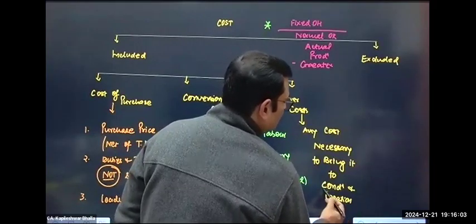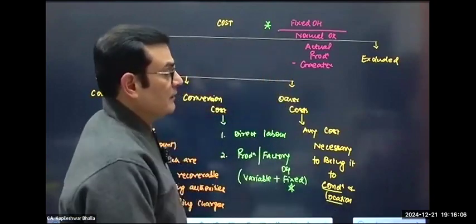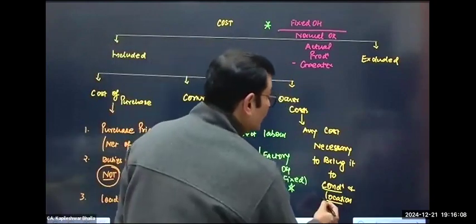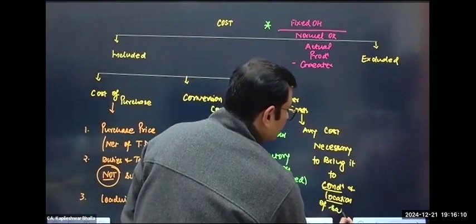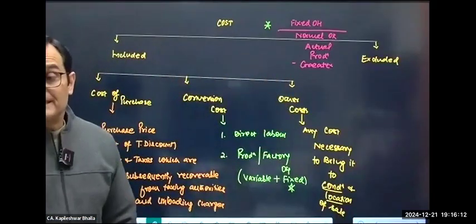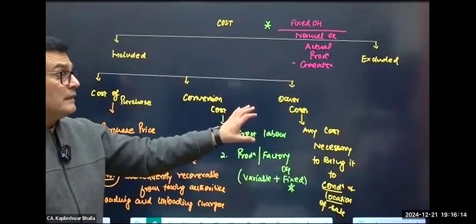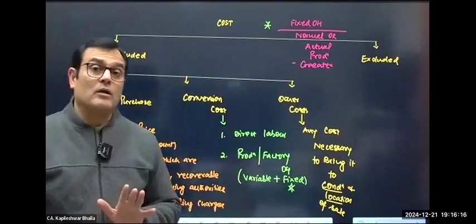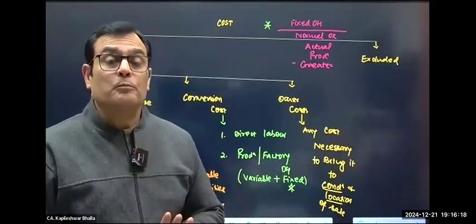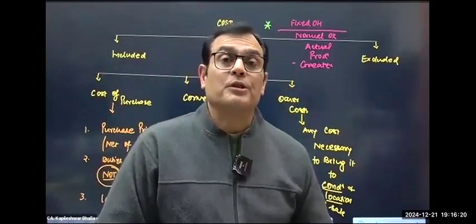There are two words which are used. One is condition and one is location of sale. So the standard says that when you're considering other costs, see all those unavoidable costs which you will incur to bring it to the condition or the location of sale.